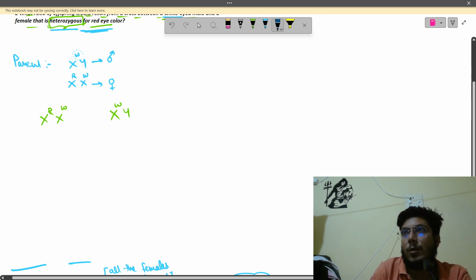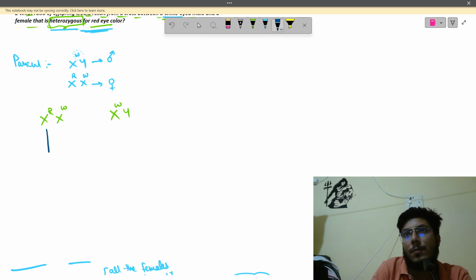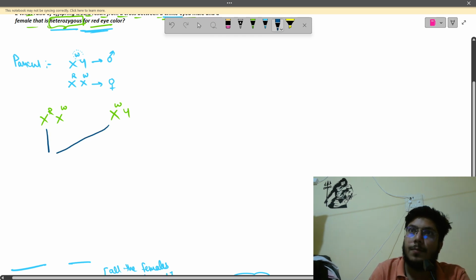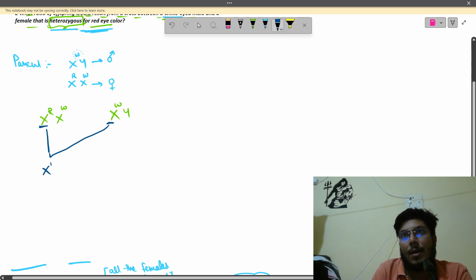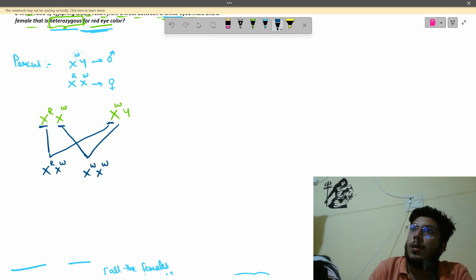For females, I am going to use the color dark blue. For female, one X chromosome will be contributed by the mother, other X chromosome will be contributed by the father. XR XW. One X chromosome will be contributed by the mother and the other X chromosome by the father. XW XW.